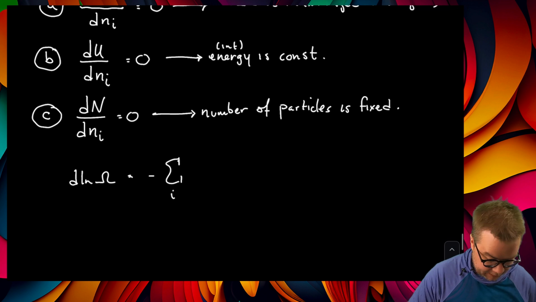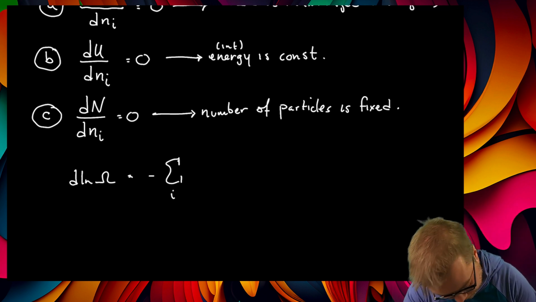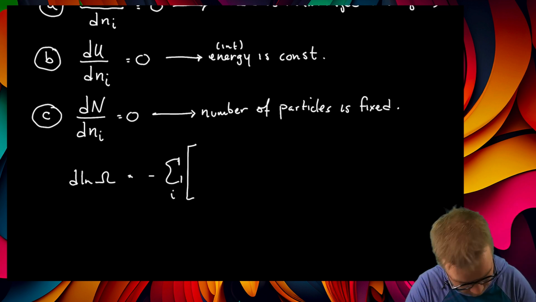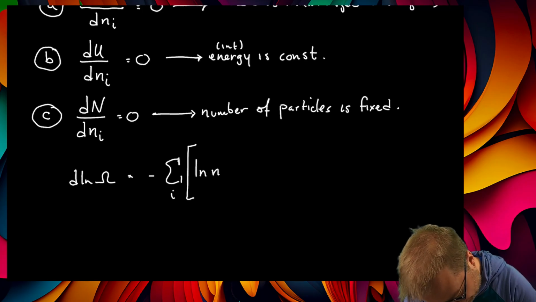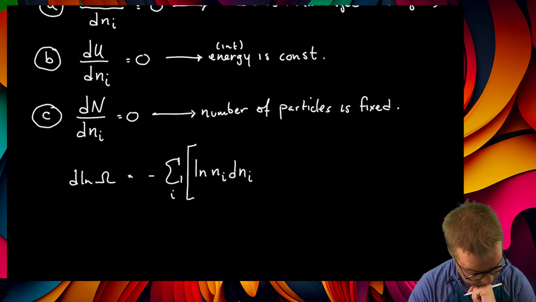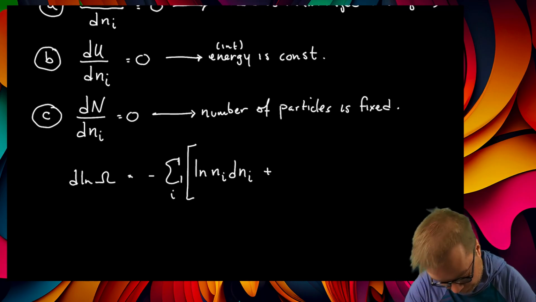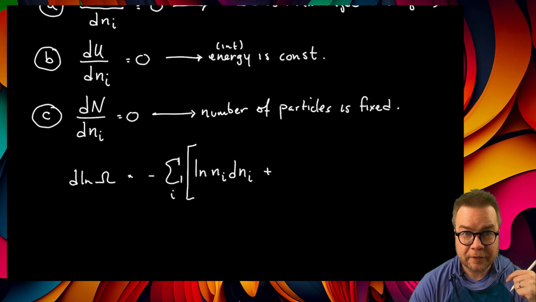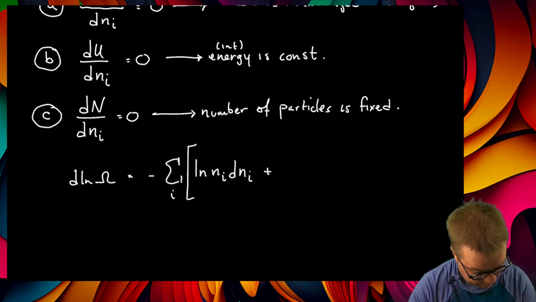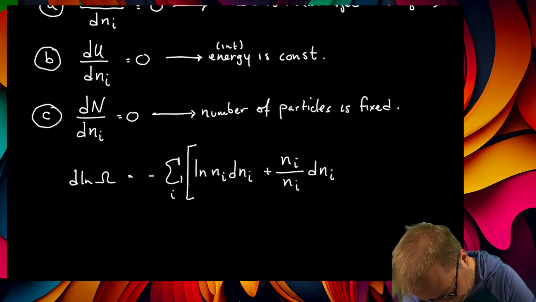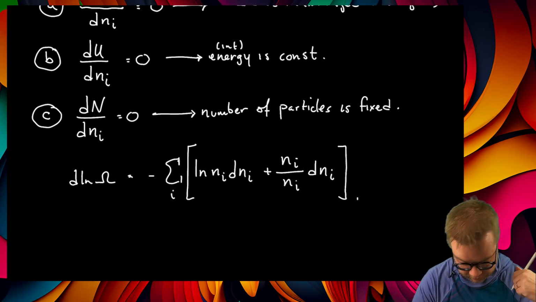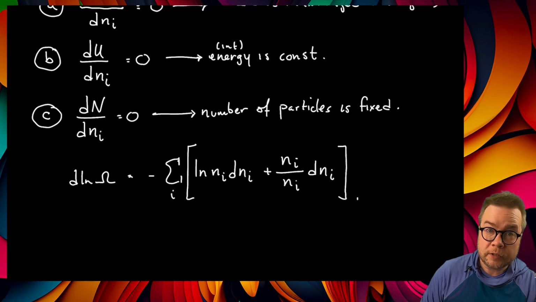And so we've got minus the summation over i of log of n_i dn_i, and then plus, product rule, derivative of the first times the second, n sub i over n sub i dn_i. Okay, so we got that term. So that term should be 0.